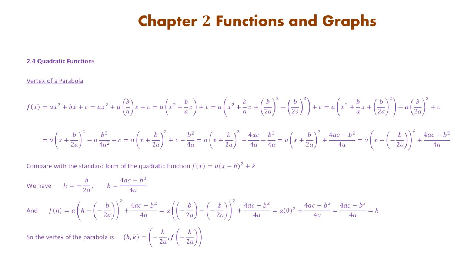Okay, so then if you factor a from the first two terms, you're going to get x squared plus b over a x, and you just leave c as it is. And then the next step is to divide the number in the linear term by 2 and square it, right? As we did in the previous example.